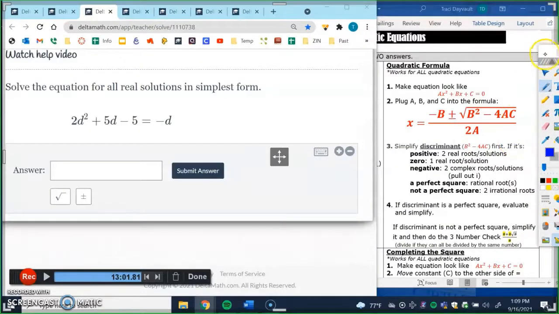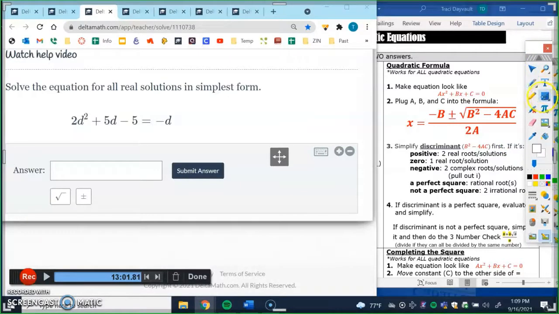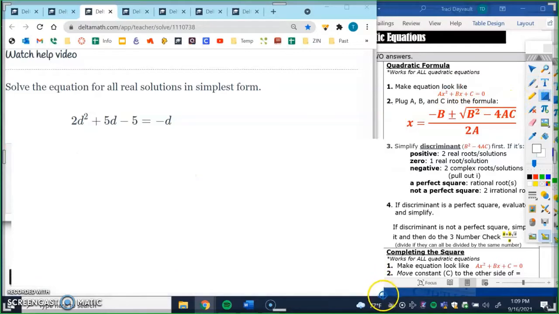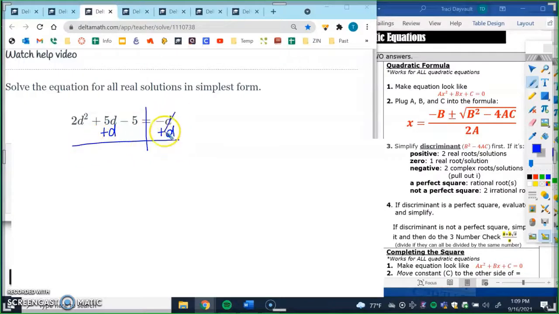Let's do another example. This time it is not already in the form ax squared plus bx plus c equals 0, so we're going to need to get it into that form. What I need to do is get 0 over here. In order to get 0 over here, I could add d to both sides, because I'm trying to get it to equal 0.